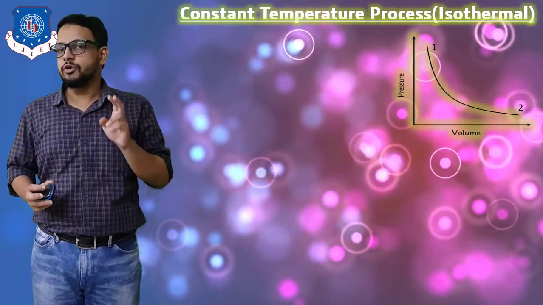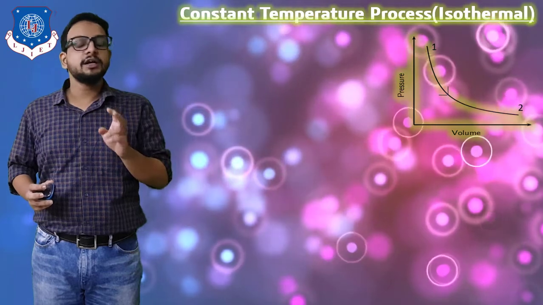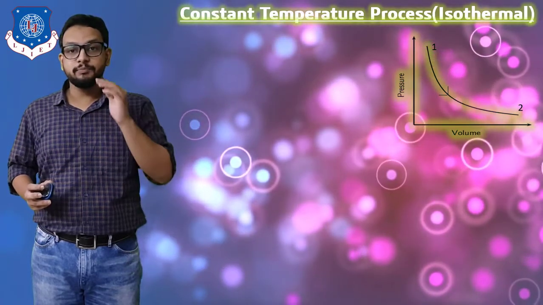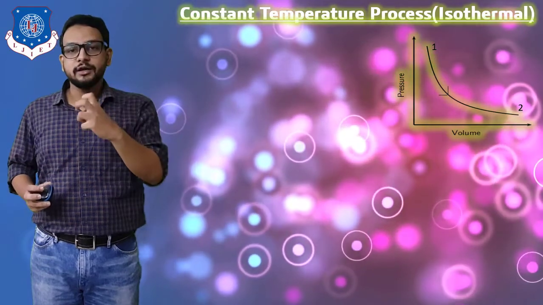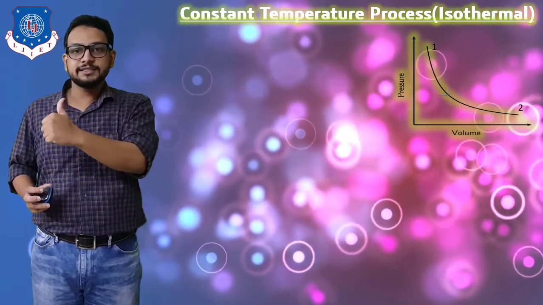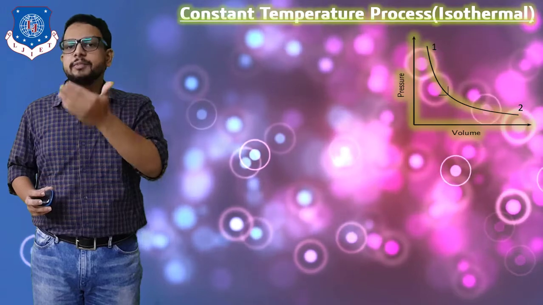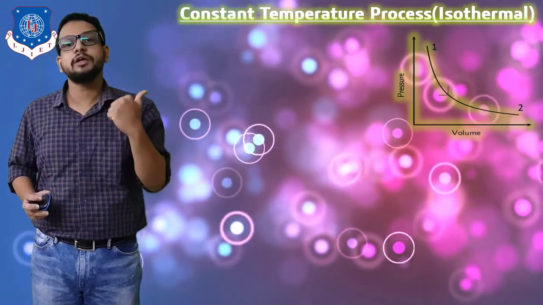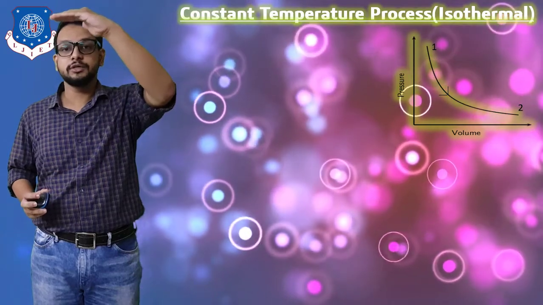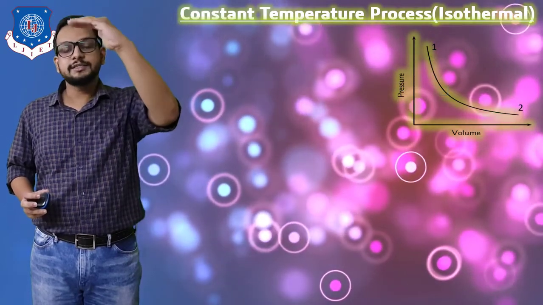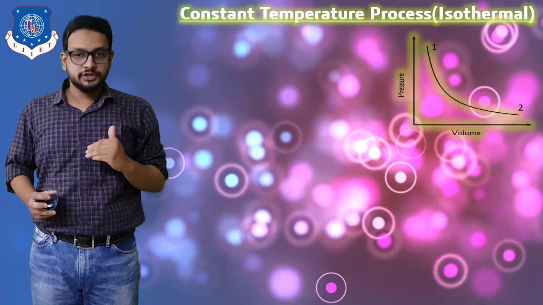But to achieve constant temperature at the final state, the piston has to move at a much slower rate so that the gas gets time to reject the increment in heat energy to the surrounding atmosphere, so that at the final state, when the piston has reached a higher volume, its temperature is maintained constant.